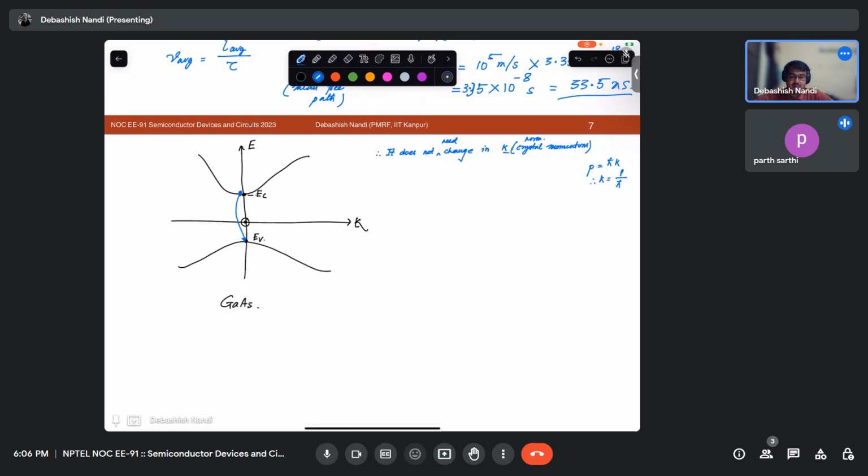So this is happening at the same symmetry point. So the energy from this recombination will be leaving as h nu, or photons.